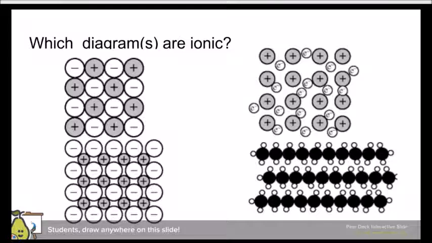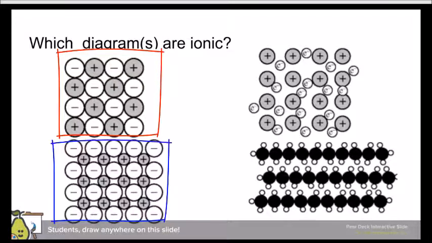Which diagram or diagrams are ionic? Again, on Pear Deck, if you would circle the one or ones that you think are ionic. Again, you guys are crushing it, so that's great. If you notice, the ionics are made up of a positive and negative thing. And the two on the left over here, this one and this one, are definitely ionic.